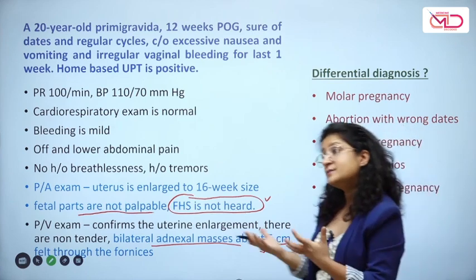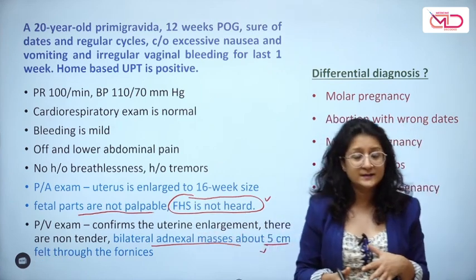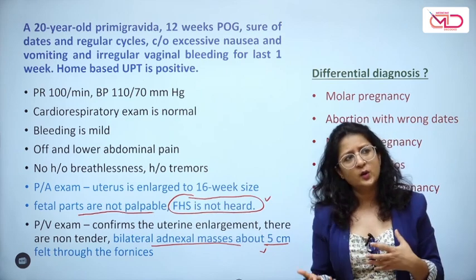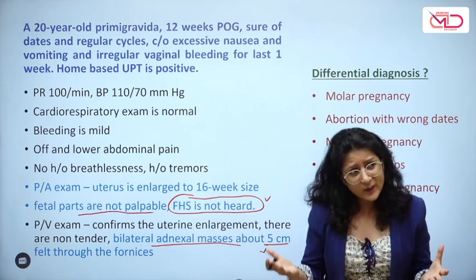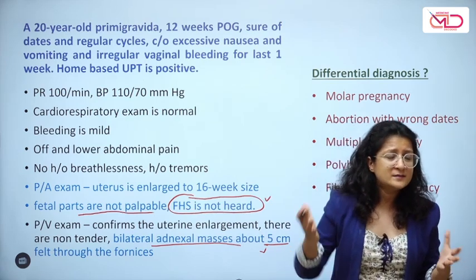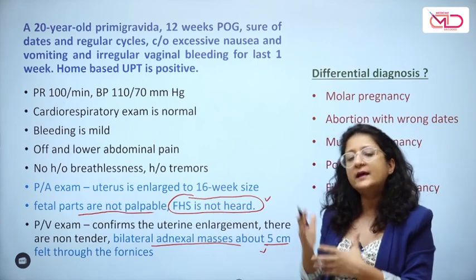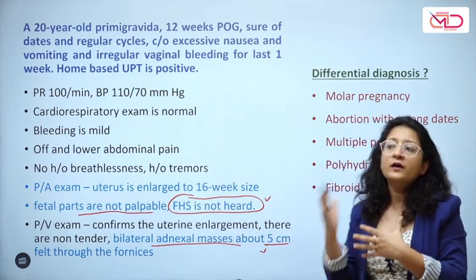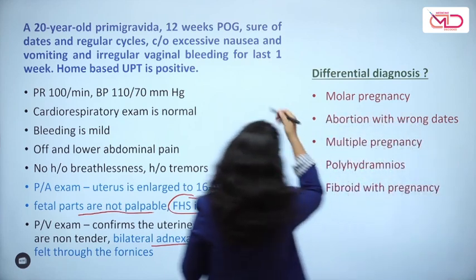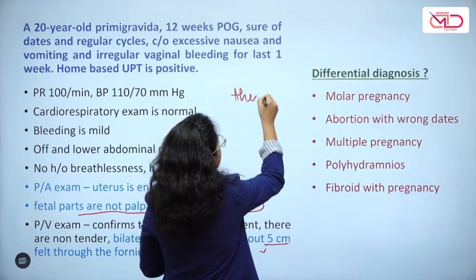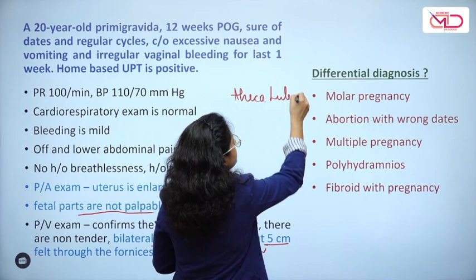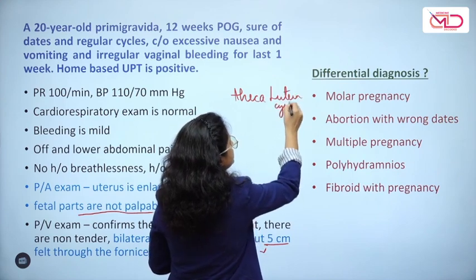These adnexal masses could be coincidental, but if it has to be coincidental, bilateral coincidental adnexal masses, I would probably think in terms of maybe a molar pregnancy with theca lutein cysts, isn't it? Maybe a molar pregnancy with theca lutein cysts.